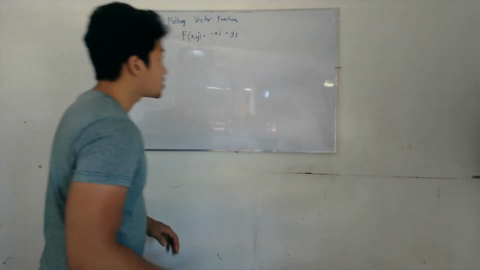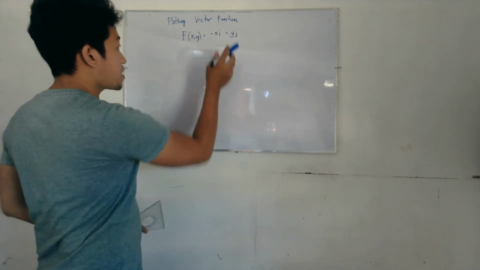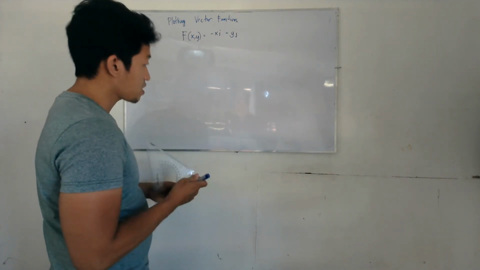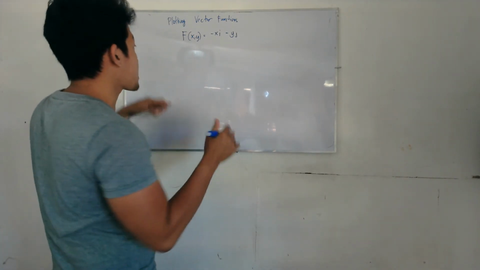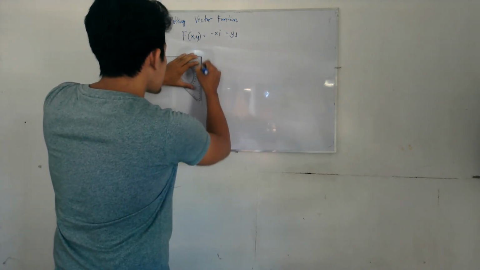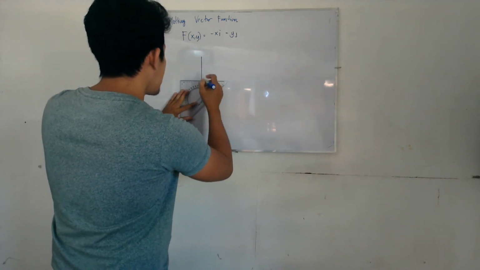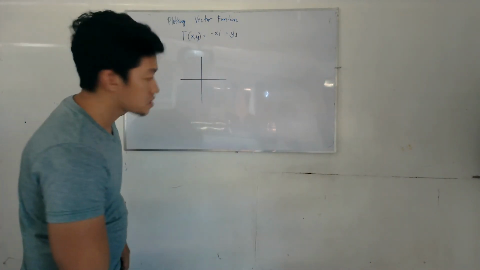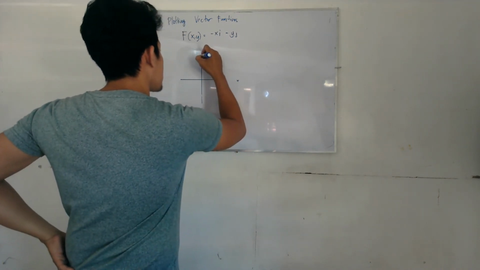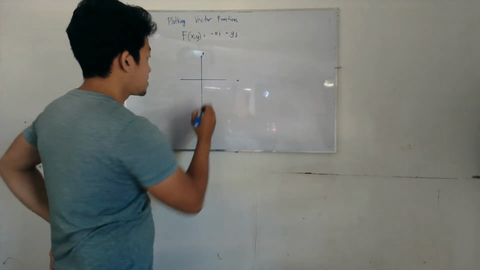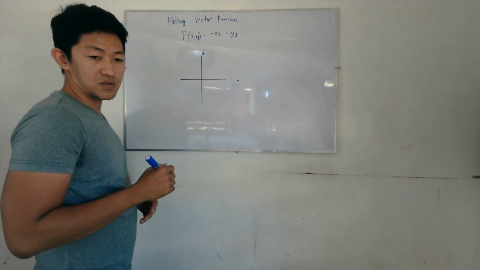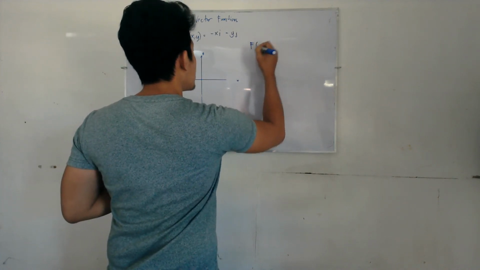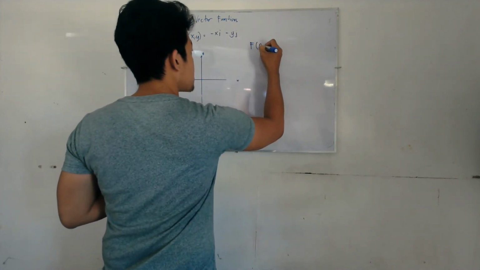Okay, so let's take this vector function and try to plot it. This is a function only of x and y. This is your x, this is your y. What you're going to do is plot some values. Sample function of (0, 1).